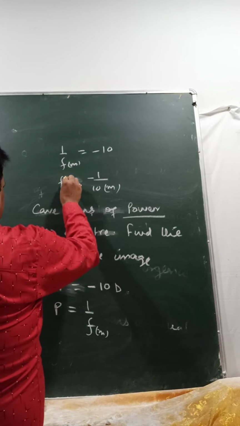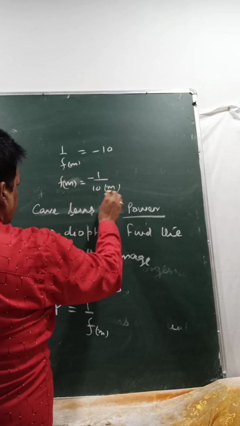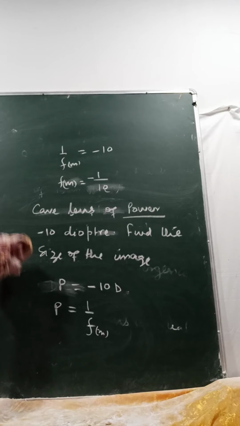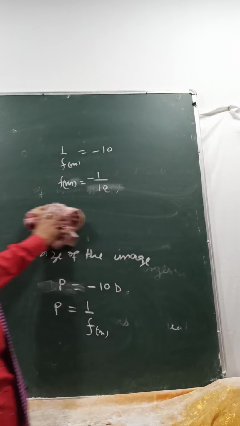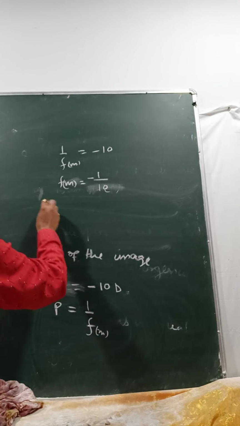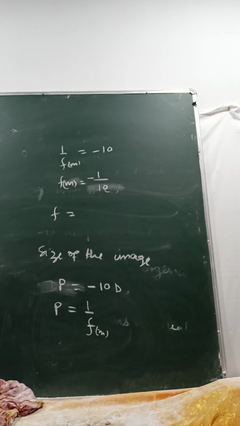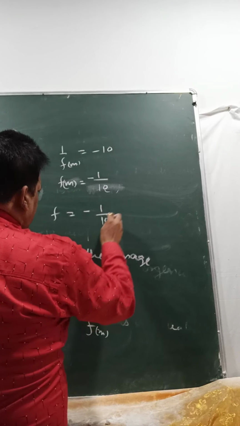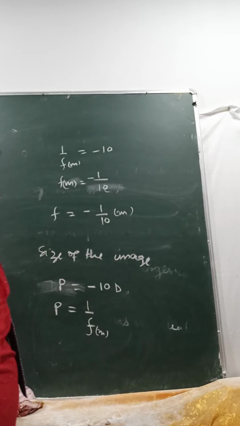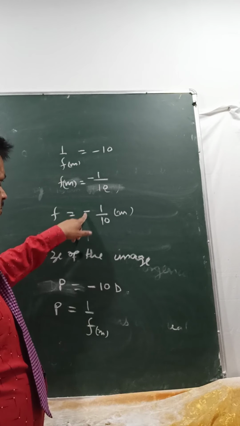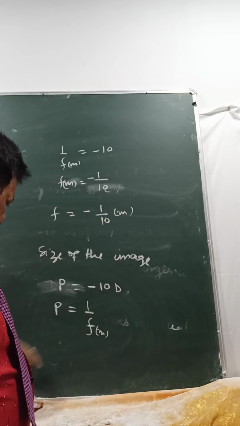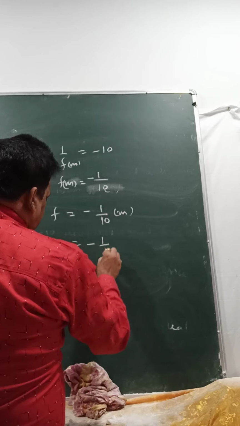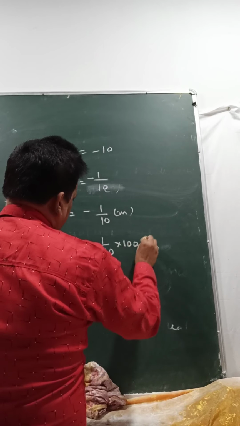So f is minus 1 by 10 meter, and converting meter to centimeter, minus 1 by 10 into 100 centimeter.